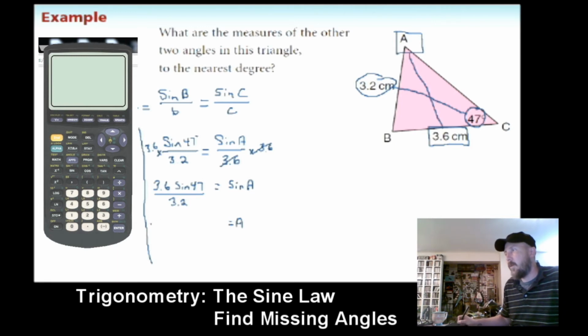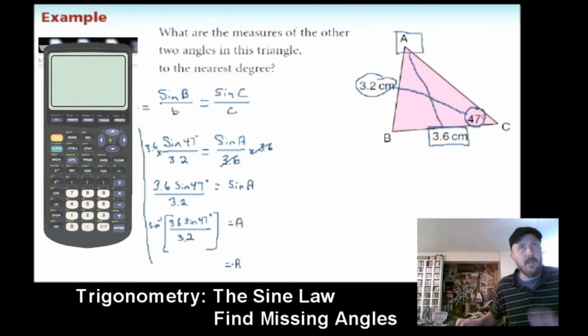When I bring the sine word to the other side and do the opposite operation, it's going to be sine inverse of all that stuff that was over there, sine 47 degrees divided by 3.2. And this looks crazy, but we should be able to do it on our calculator, which is why I wanted to keep my calculator up so that we could see this.